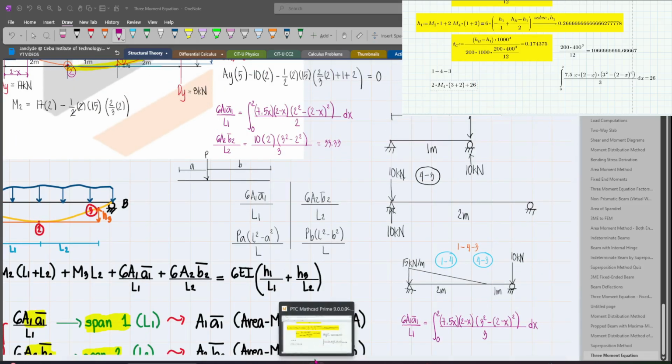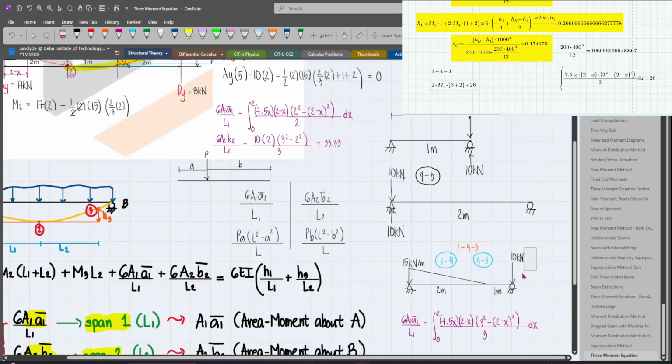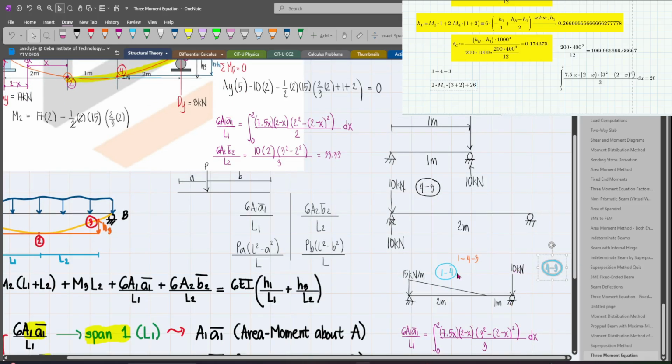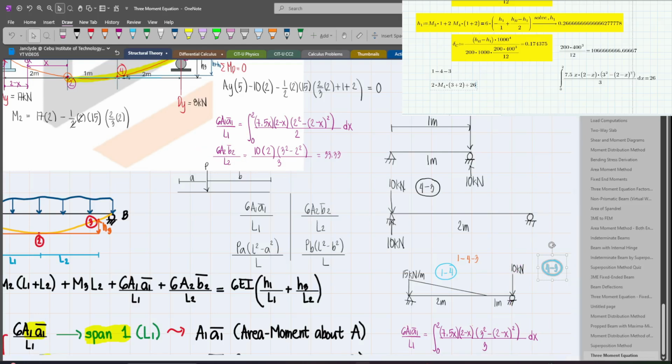Then, for the second span, since ginamit na natin yung 10kN sa span 1 to 4, for span 4 to 3, wala nang loading dyan. Ito yan, span 4 to 3. Yung 10 dyan, matatanggal na since ginamit na natin siya sa span 1 to 4. So essentially, 6A2 bar B2 over L2 would be equal to 0. Ayan.